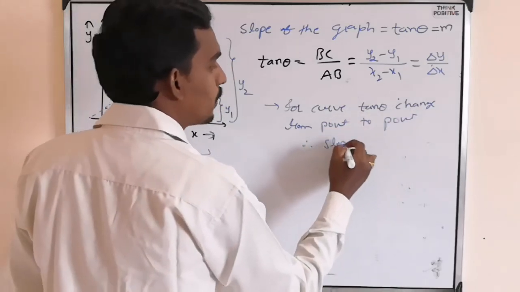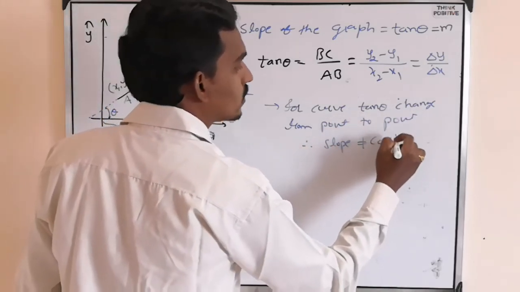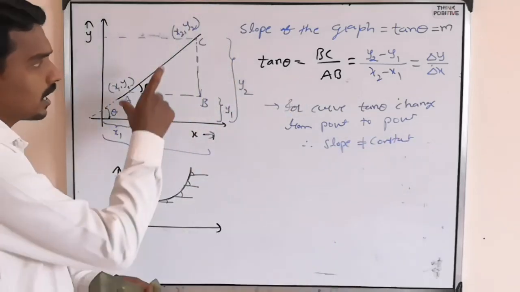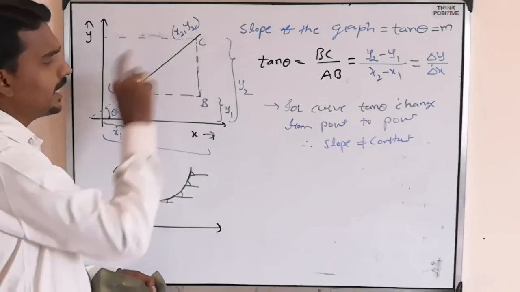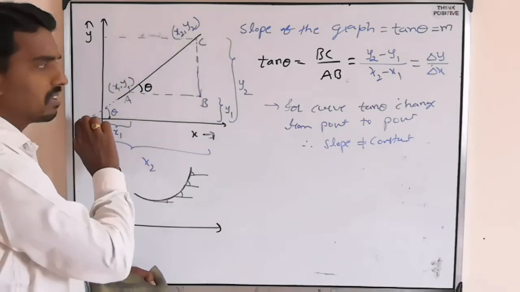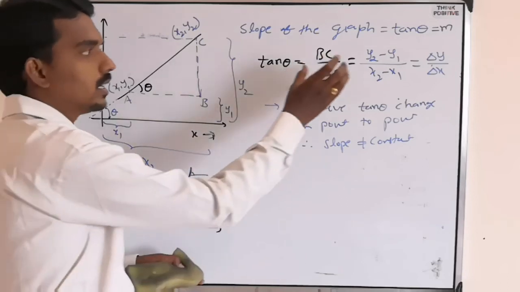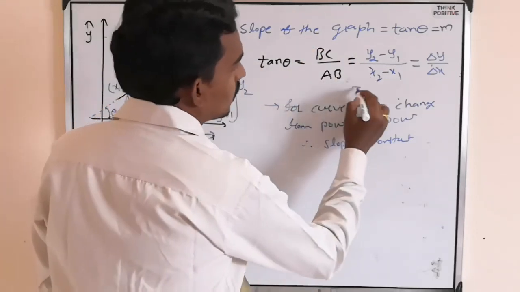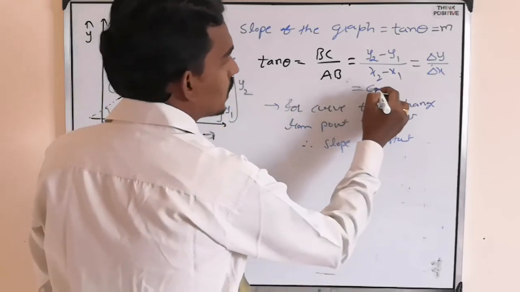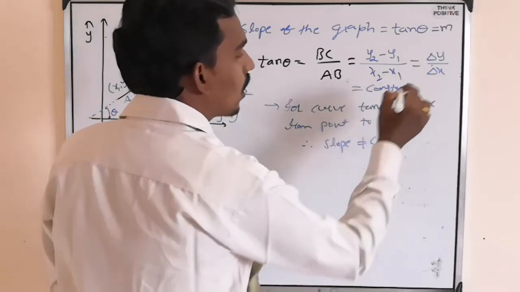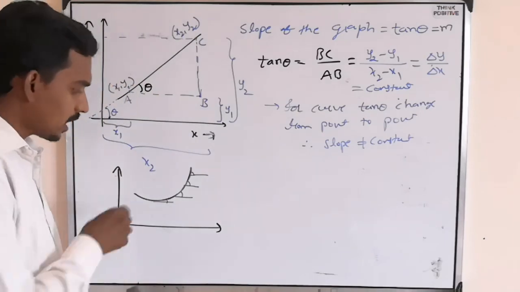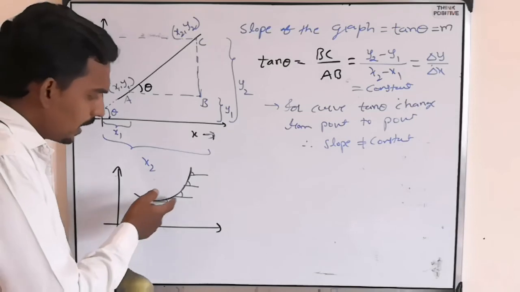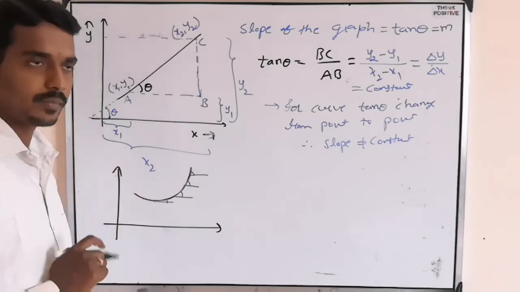Therefore, the slope is not constant. But in case of a straight line, between any 2 points, anywhere, you will get the same slope. So the straight line has constant slope. But in case of a curve, the slope is variable. It is different at different points.